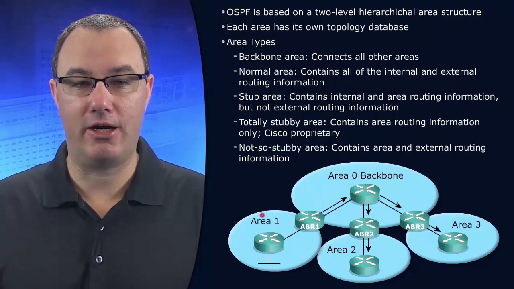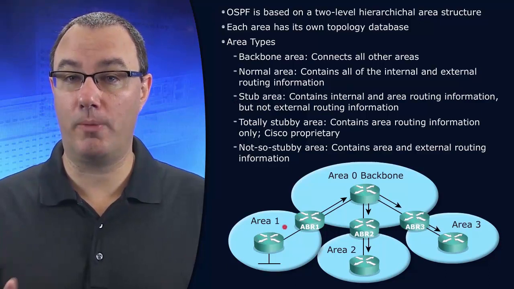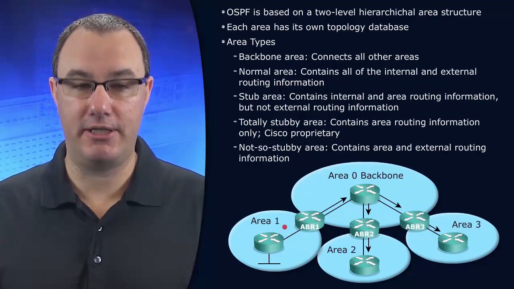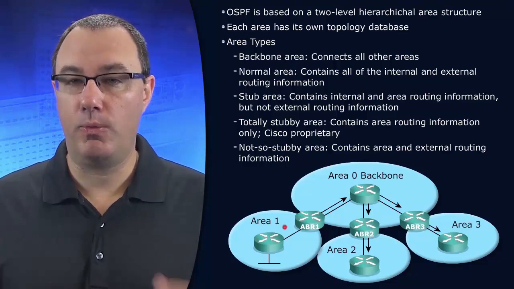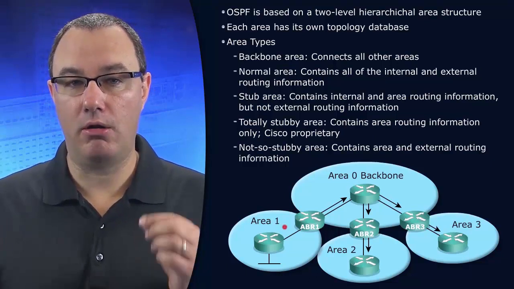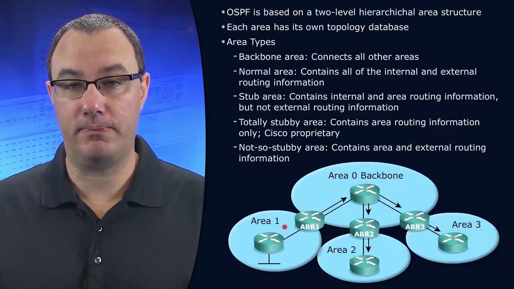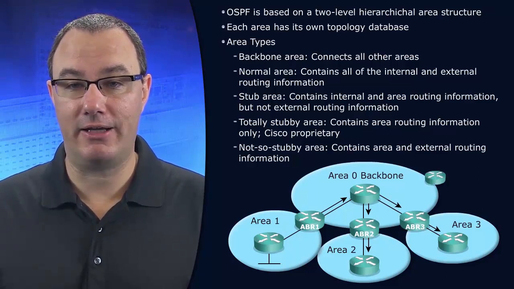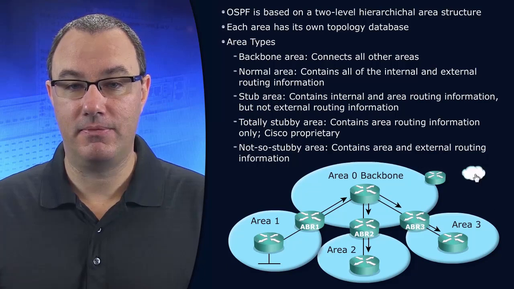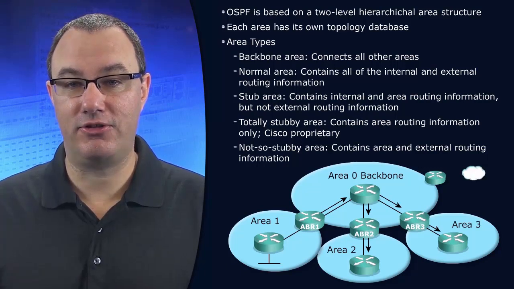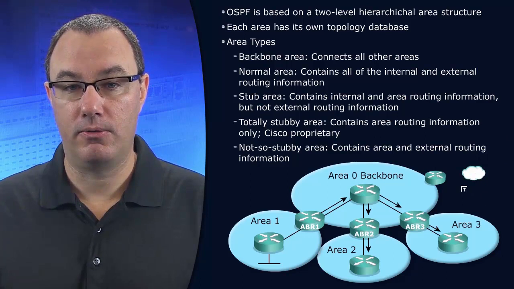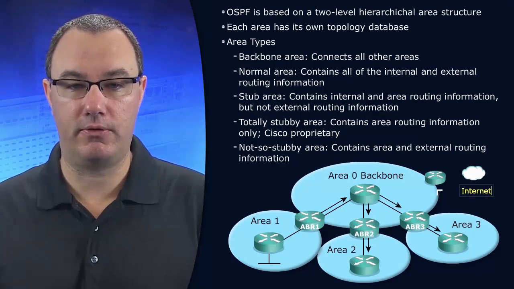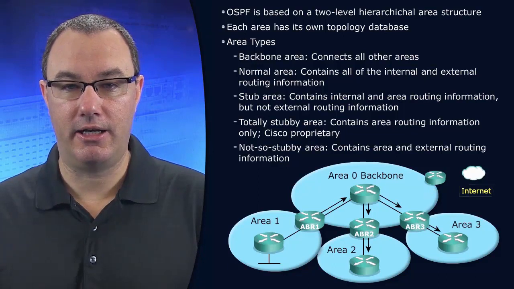So let's look at a regular area first, just a normal area, so we better understand what we're working with from the default. Area 1 would receive all routes within the autonomous system, and that would include external routes. So if we were to add the internet, and let's just say we've got routes on the internet, and we've added in an ASBR.